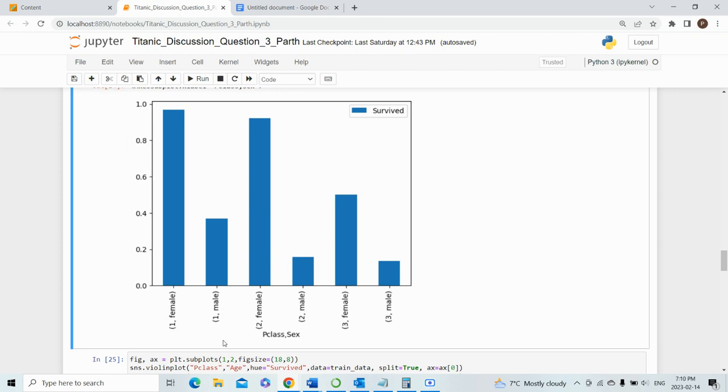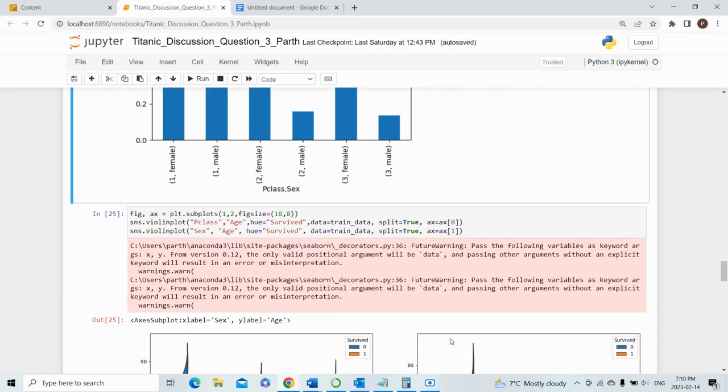We have mixed them and shown in which class males and females survived the most. As we clearly saw, first class had the highest rate of survival, followed by second and third class, but now you have also seen it by gender here.